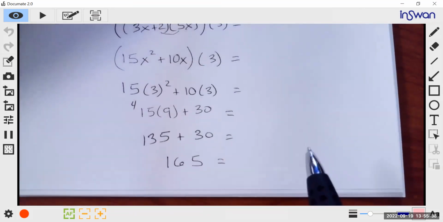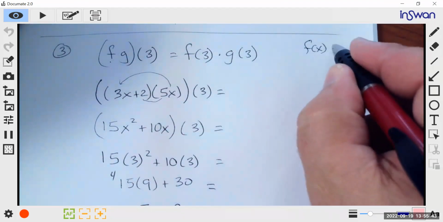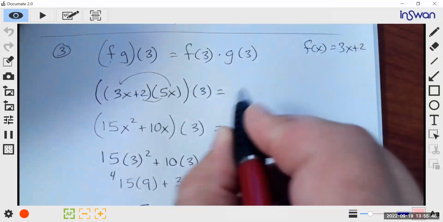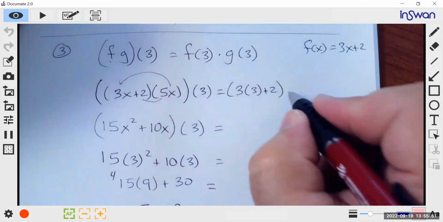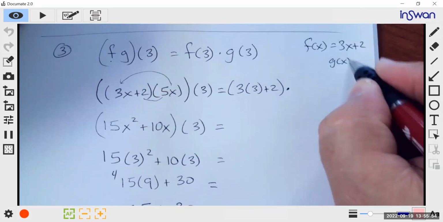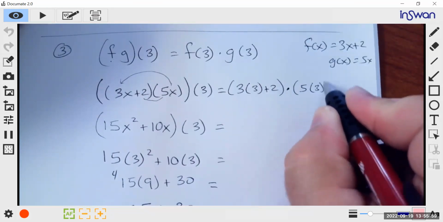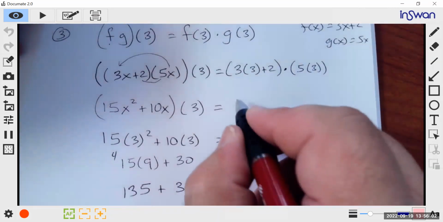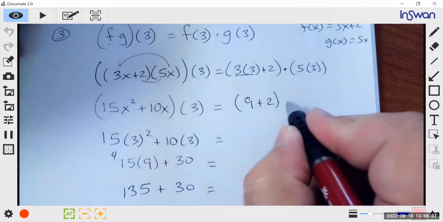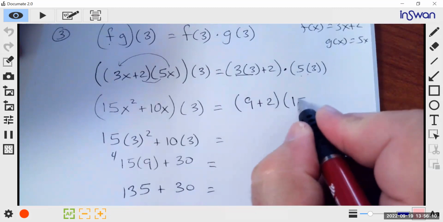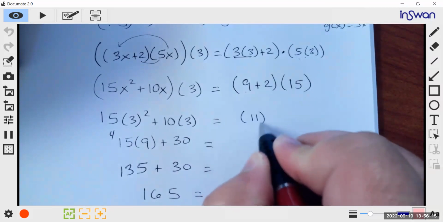Now let's do the right-hand side. Remember, f of x was 3x plus 2. So it's 3 times 3 plus 2 times g of x, which was 5x, so 5 times 3. 3 times 3 is 9 plus 2. 5 times 3 is 15. 9 plus 2 is 11.